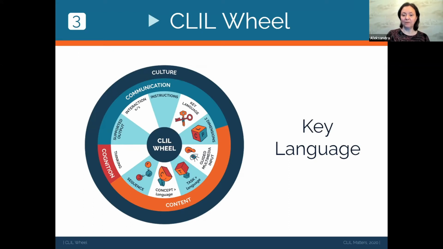So there is a lot going on here, and of course, one of the tasks here is going to make sure that this key language is practiced. That I show my students this is something that you can use, and now we need to revise and recycle and practice.